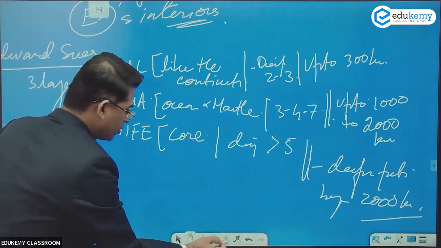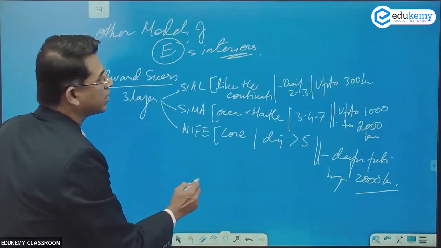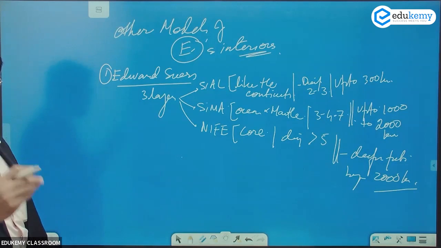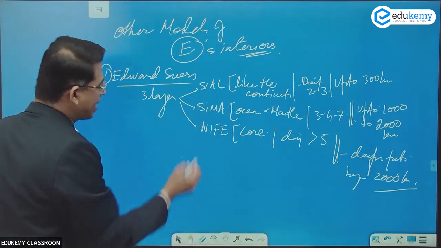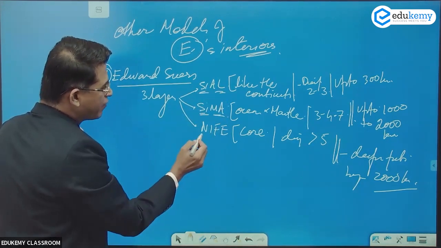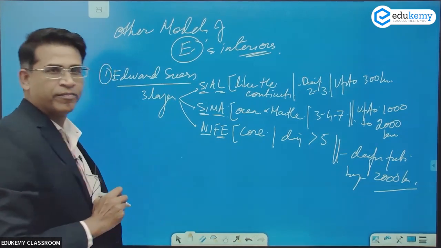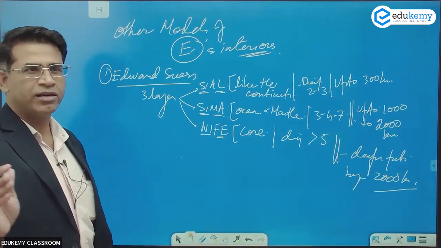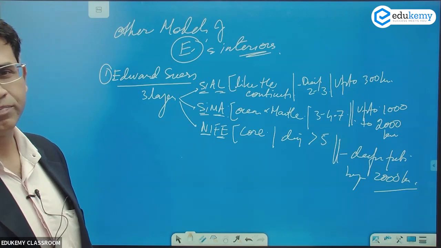So just quick facts. Did you write it down? Sial means silicon and aluminium. Sima is silicon and magnesium. Nife is nickel and iron. All done? This was Edward Suess's idea.